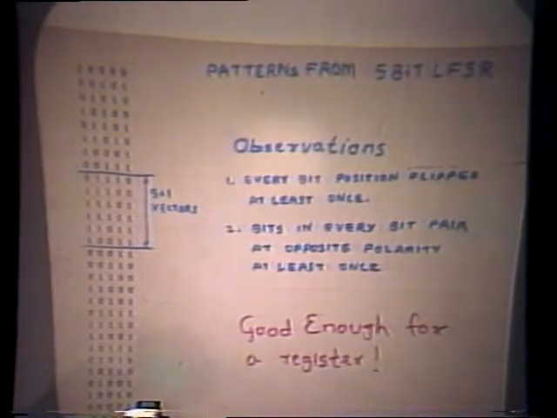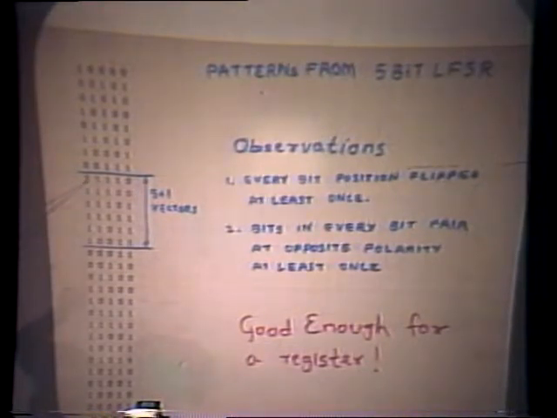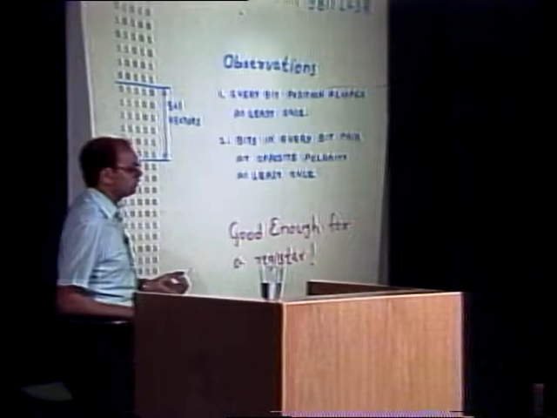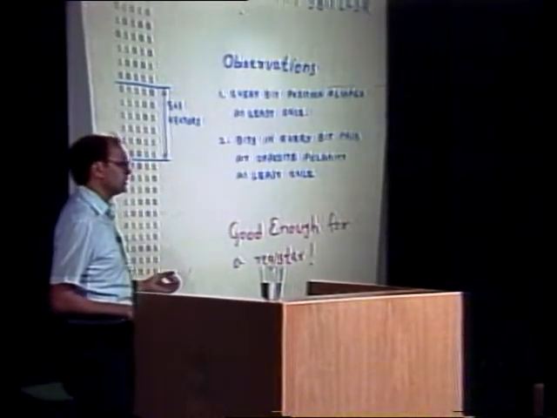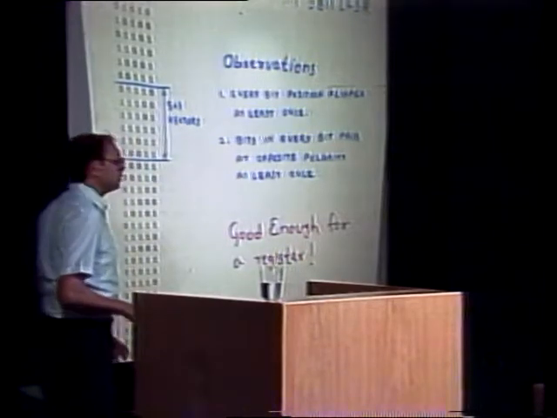Also, bits in every pair of bits here would have been at opposite polarity at least once during these 6 vectors. That means they are good enough for testing a register. Okay? What do you want to apply to test a register? Write a 0, read it back, write a 1, read it back. Okay? And we would be able to do that with these vectors.